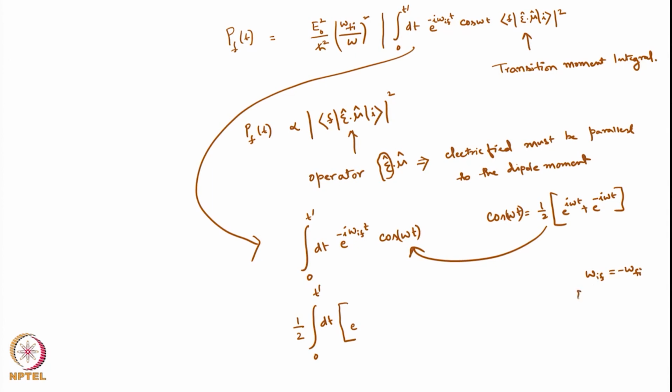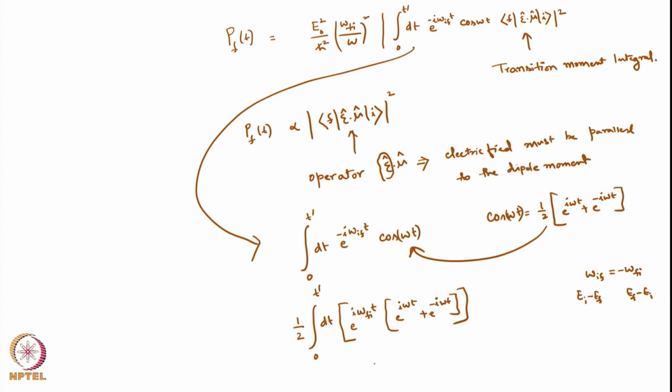This is nothing but Ei minus Ef, and this is nothing but Ef minus Ei, so that is just a reverse of sign between omega if and omega fi. So this can be written as e to the power of i omega t plus e to the power of minus i omega t.